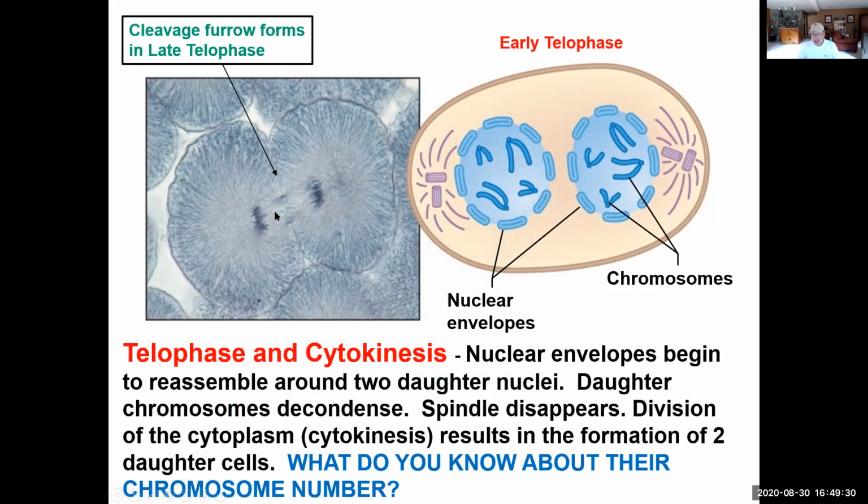And eventually, at the end of telophase and at the end of cytokinesis, we will have taken that parent cell and divided it in half, thus forming the two daughter cells. Now remember, what do you know about their chromosome number, the daughter cells? The answer is they are genetically identical.